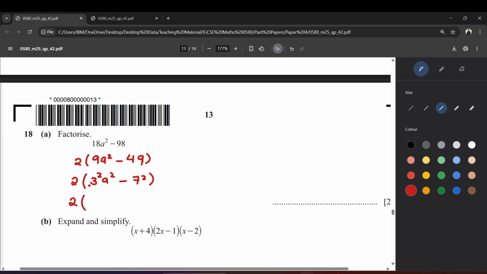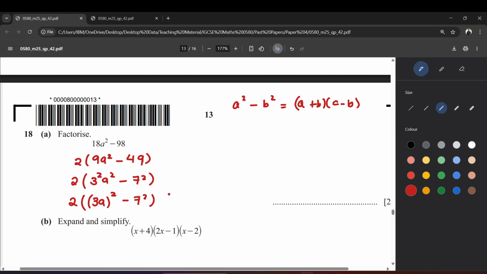So 3 squared and a squared can be written in one bracket, and we can take the whole square minus 7 squared. If you remember, something in the form a squared minus b squared is actually a plus b times a minus b. This is what we call the difference of two squares.